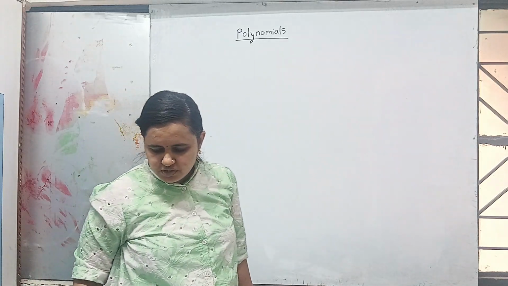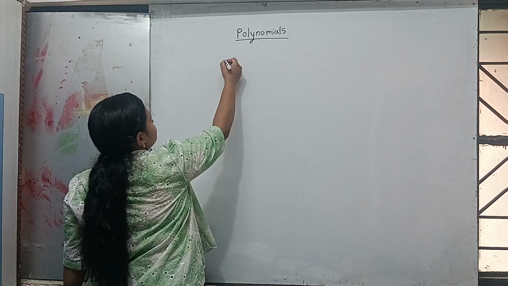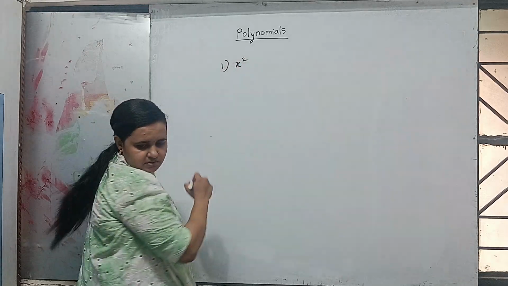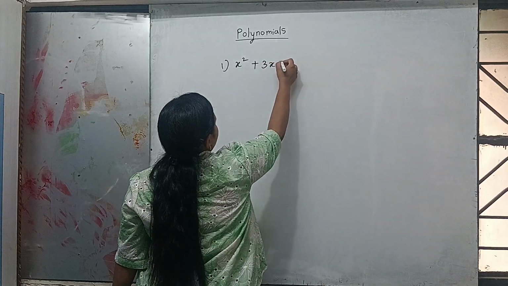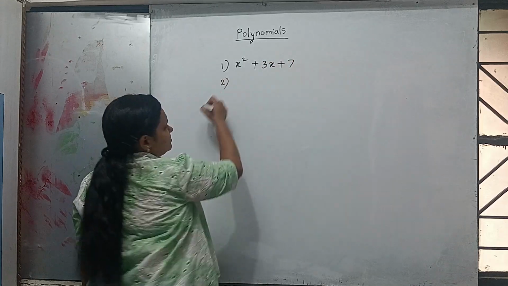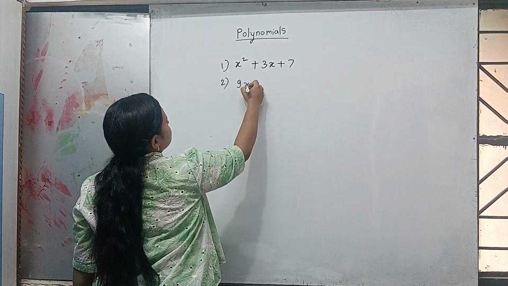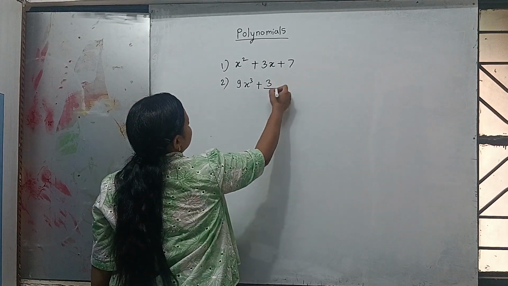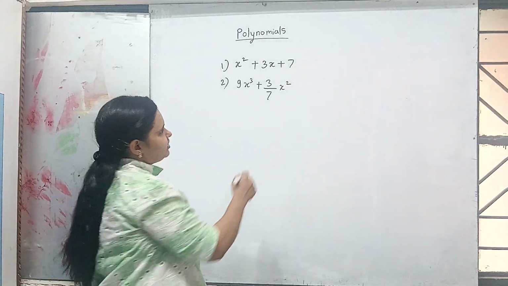Now next question is, which of the following is a polynomial? First: x square plus 3x plus 7. Second one is 9x cube plus 3 upon 7 x square plus 5.